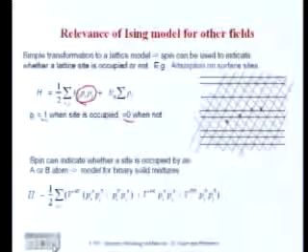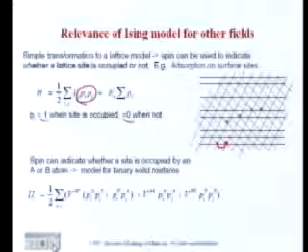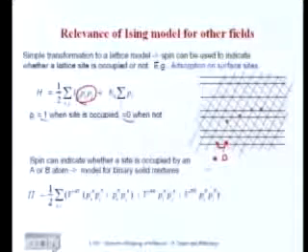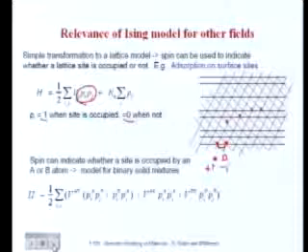The advantage is that you only get interaction when two things are occupied. So one occupied site with one unoccupied site gives you no contribution to the Hamiltonian, because one of the p's is 0. Whereas if you use spins, then this is, say, plus 1 and this is minus 1, so it gives you a contribution to the Hamiltonian. Mathematically, it all works out, but it's a little more confusing.